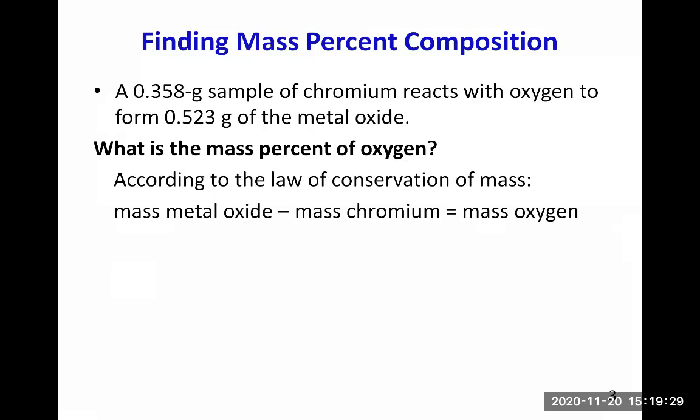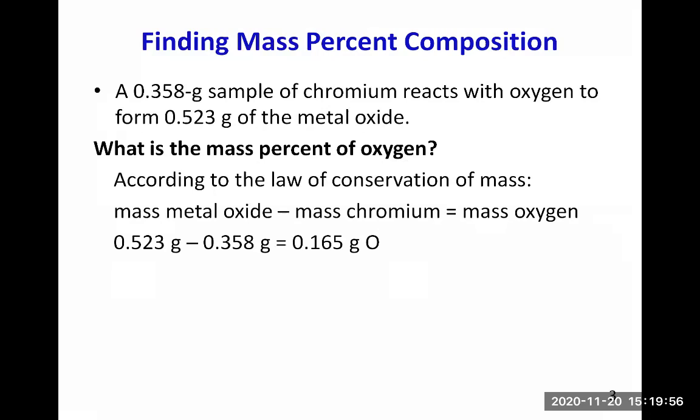And so if you want to find the mass of oxygen, you do the mass of the metal oxide minus the mass of the chromium you started with, and you will know the mass of oxygen that has reacted with the chromium. So that's 0.523 grams minus 0.358 grams, and that's 0.165 grams of oxygen in this sample.